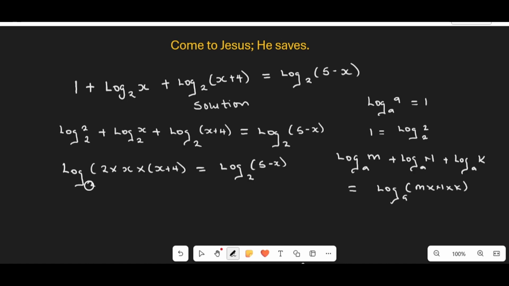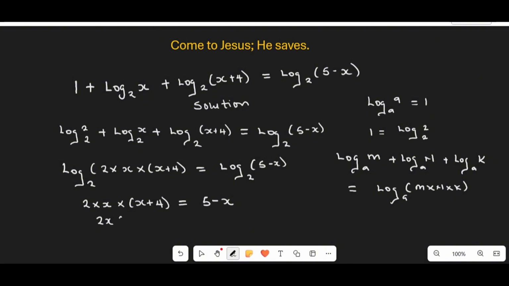Since the base of the log of both sides are equal, we can equate the arguments. I can say 2 multiplied by x multiplied by x plus 4 equals 5 minus x. 2 multiplied by x will give us 2x.